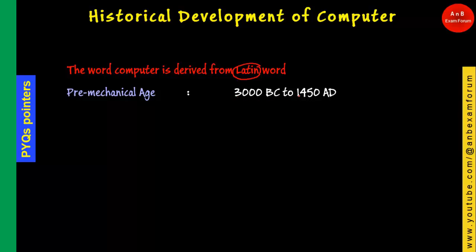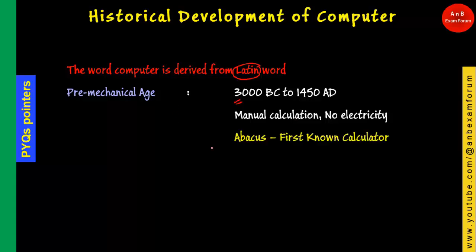You should not remember these years, but for the sake of completeness, I am putting this number. Okay. So in the pre-mechanical age, as you know, there was no electricity and the calculation was done manually. And in this particular age, they can ask you about the abacus. Okay, this is an important pointer. Abacus is one of the instruments which is used to do calculation, and it is known as the world's first known calculator.